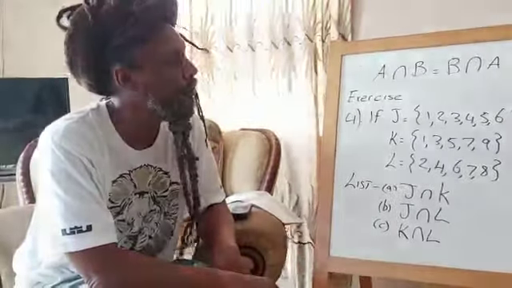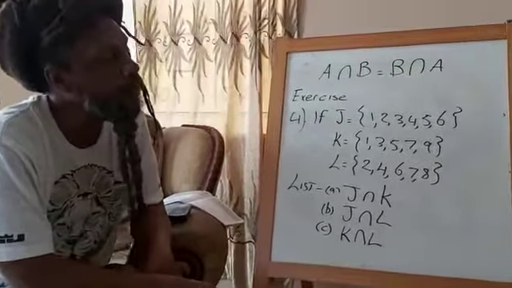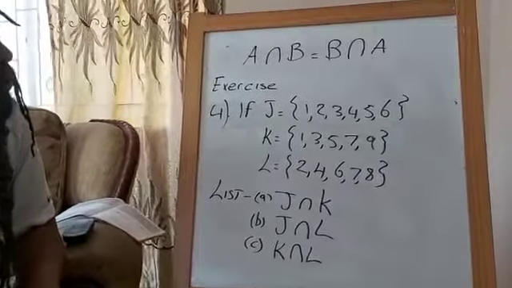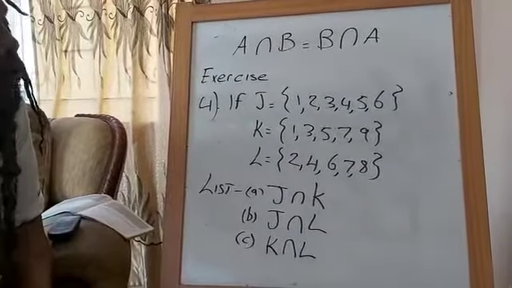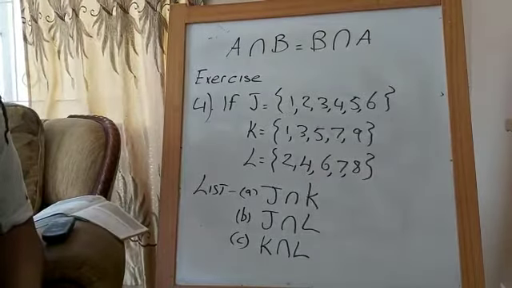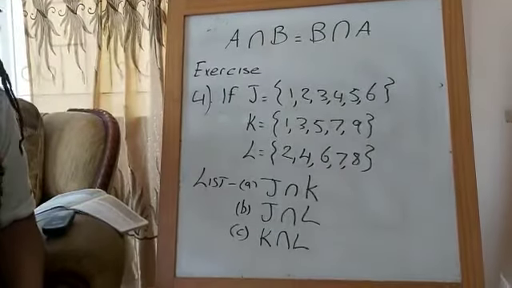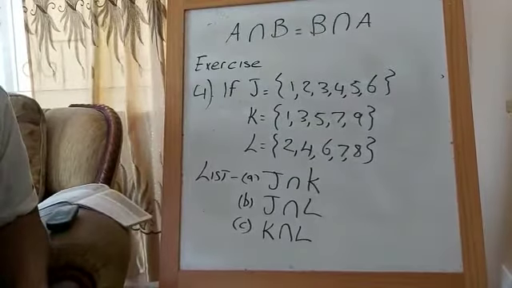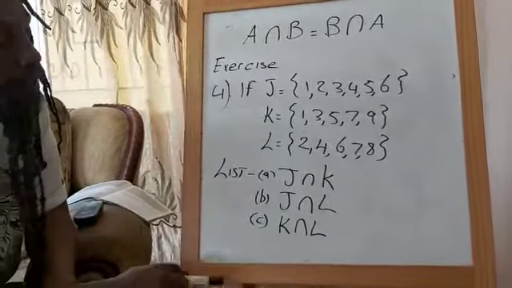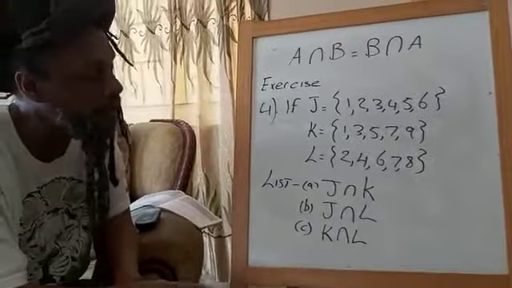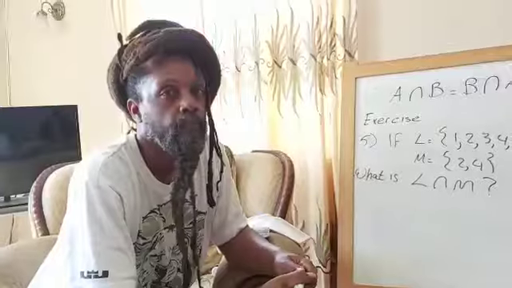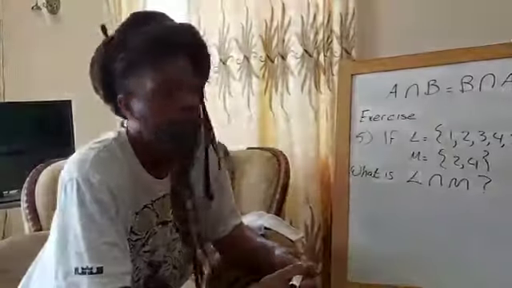Alright, number 4. If J is equal to 1, 2, 3, 4, 5, 6, set K has in 1, 3, 5, 7, 9, set L has in members 2, 4, 6, 7, and 8. List for me: A, J intersect K, B, J intersect L, and C, K intersect L. Alright, number 5.